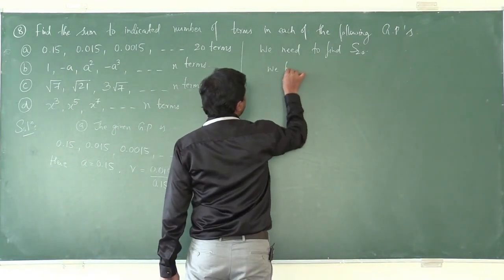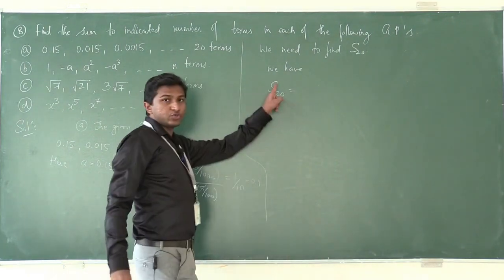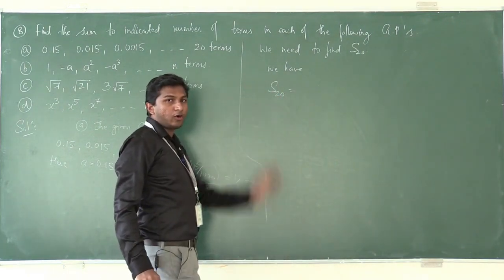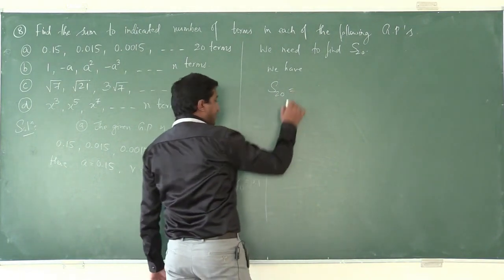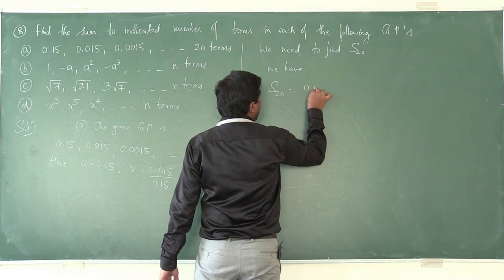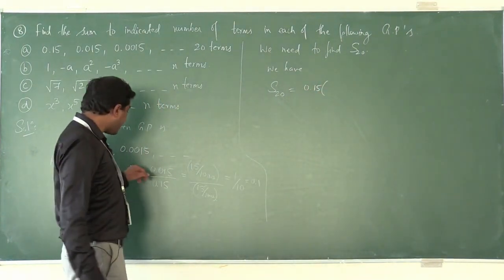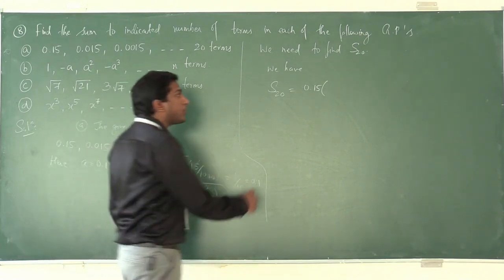A is 0.15, into r power 20, where r is 0.1.